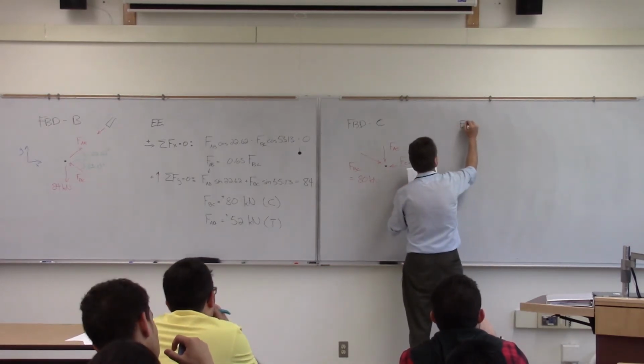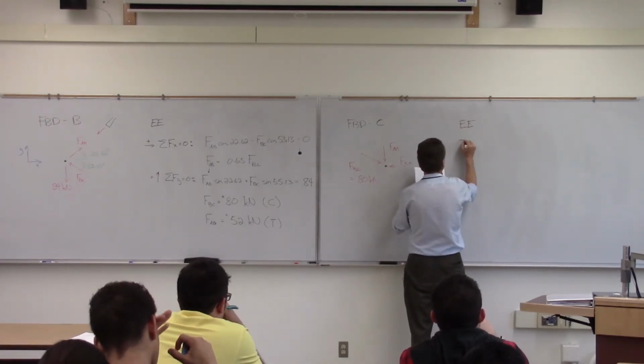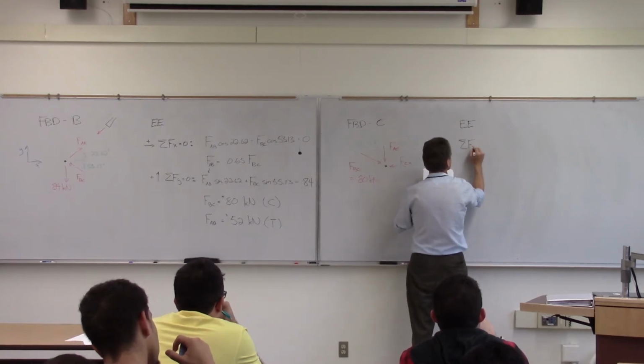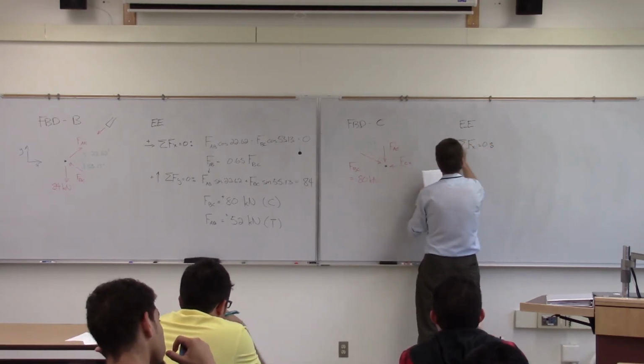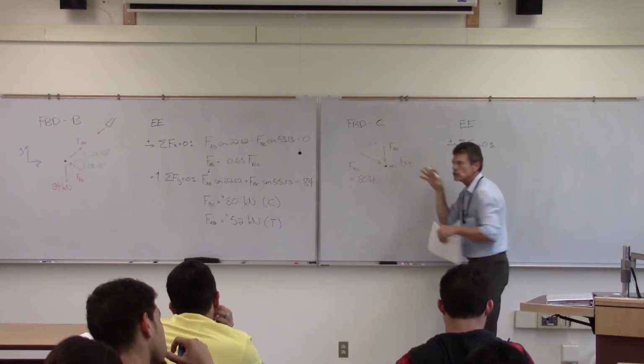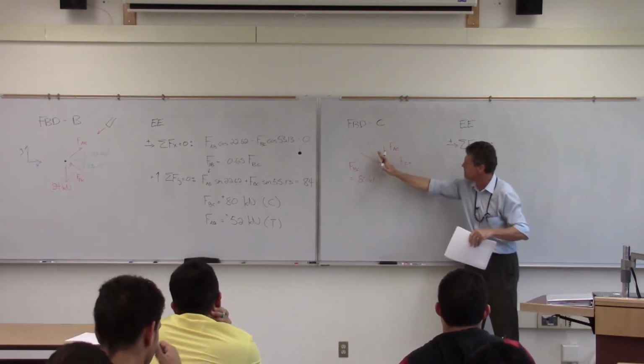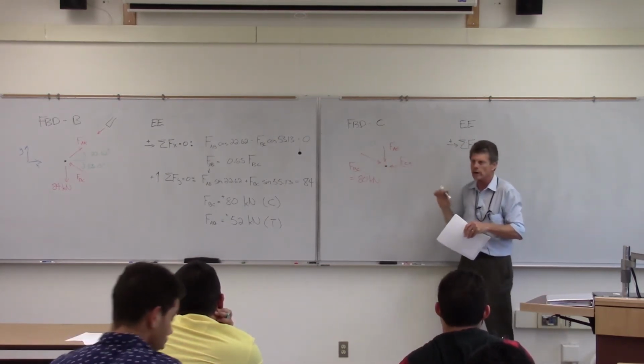So our equilibrium equations, probably the first one we would want to solve, and good suggestion by the young fellow there, realizing the fact that I can set up one equation, one unknown there.